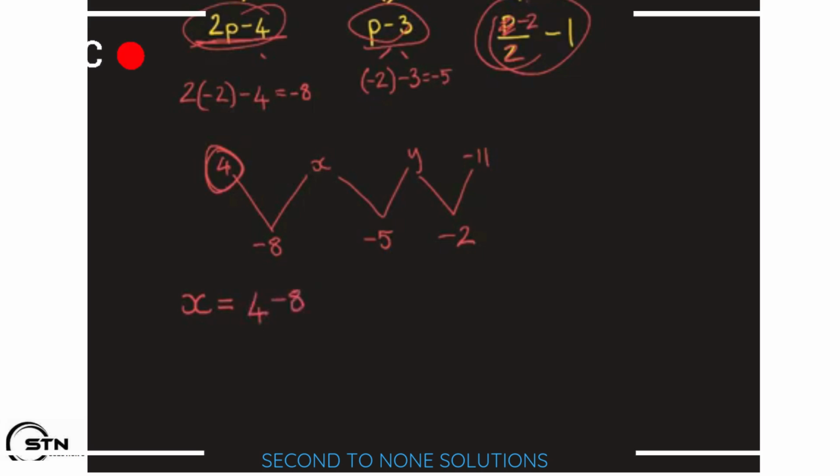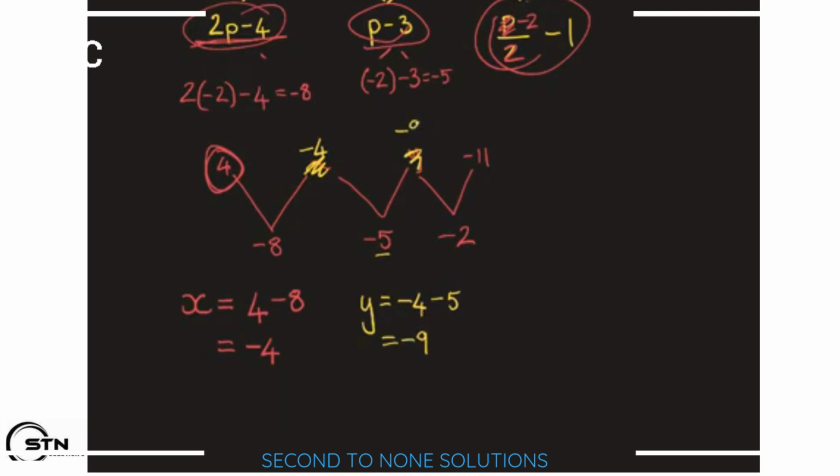And we do the difference, so therefore it has a value of minus 4. So that's minus 4. Which means that y is going to be the new value of x, which is minus 4, and we're going to subtract 5 from it. So that will give y a value of negative 9.